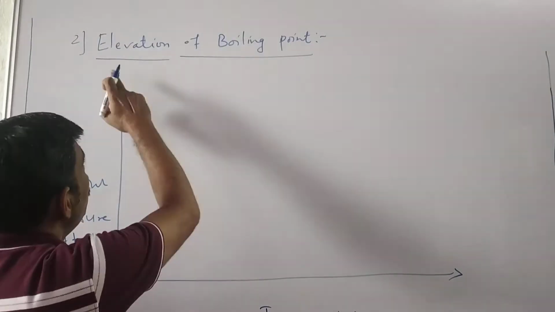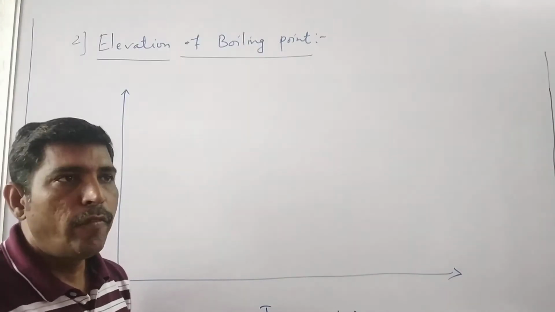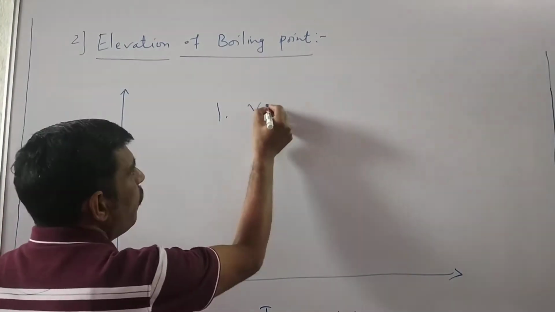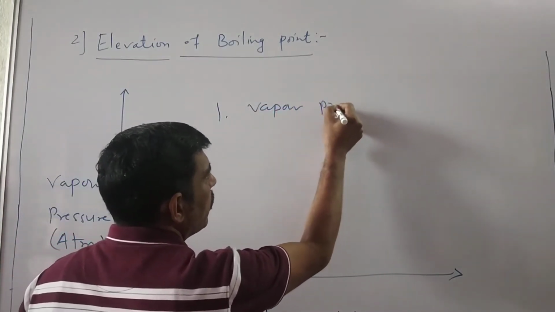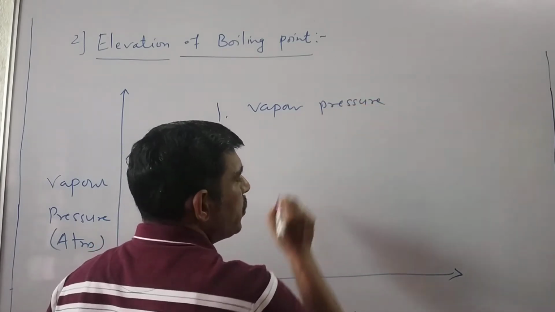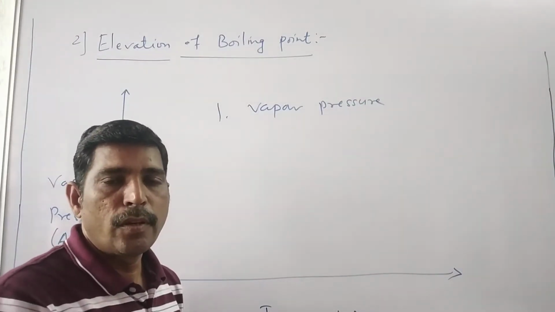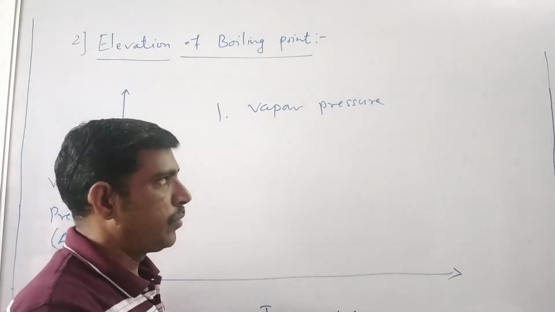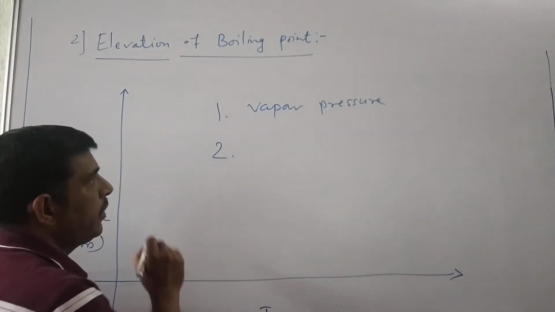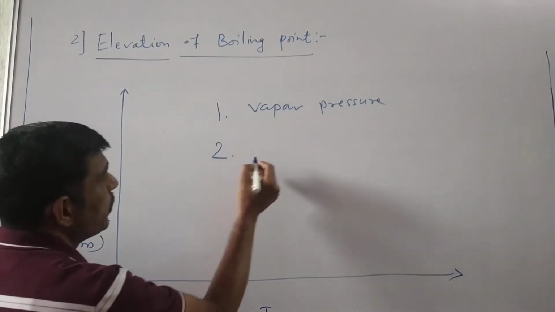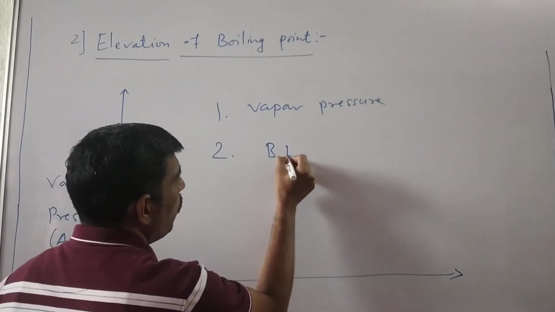Because to know this elevation of boiling point, we also need to know the meaning of vapor pressure. Vapor pressure is the pressure created by the vapors on the surface of that solution. Okay. Then second, we also know the definition of boiling point.